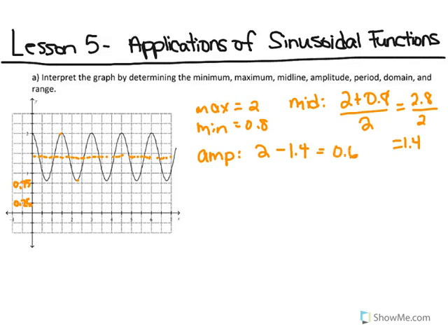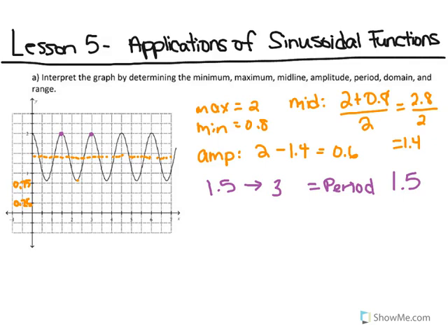And to find our period length, we have our maximum here, that is at 1.5. The next maximum is at 3. So 1.5 to 3 is equal to a period of 1.5. I don't know why I said that.